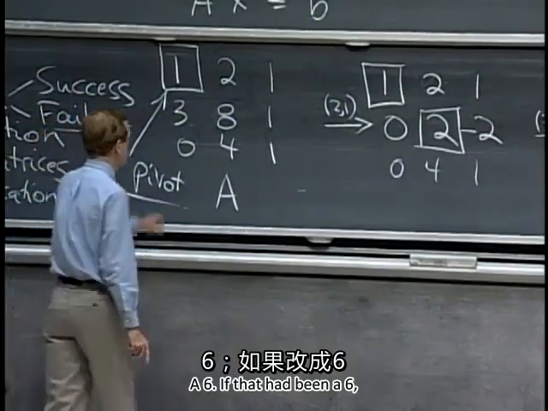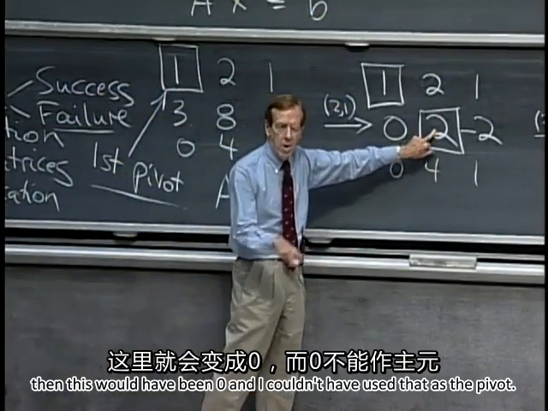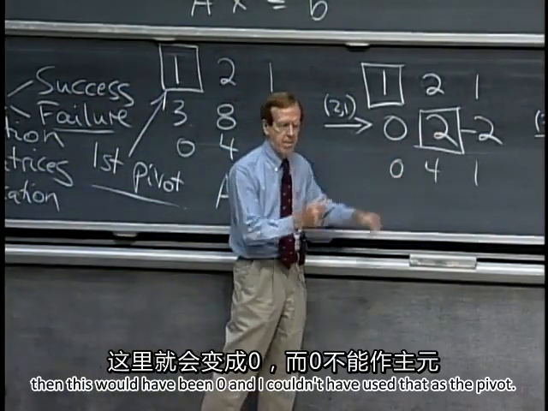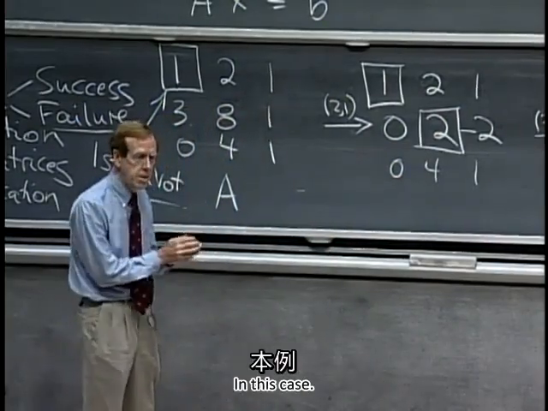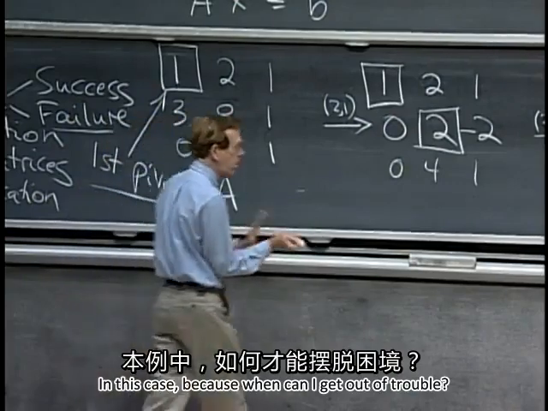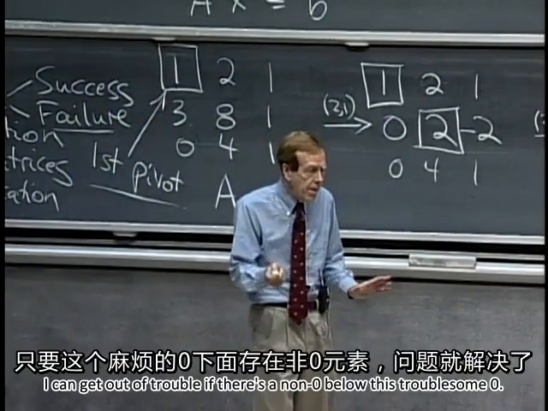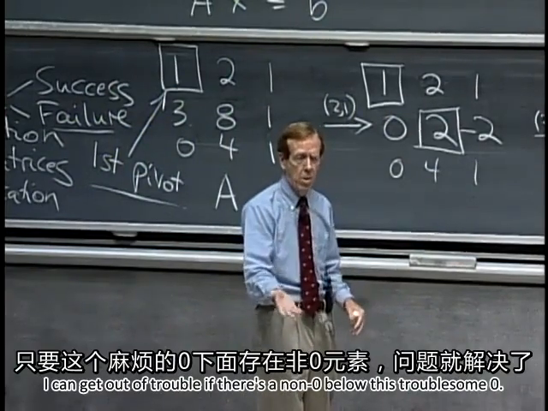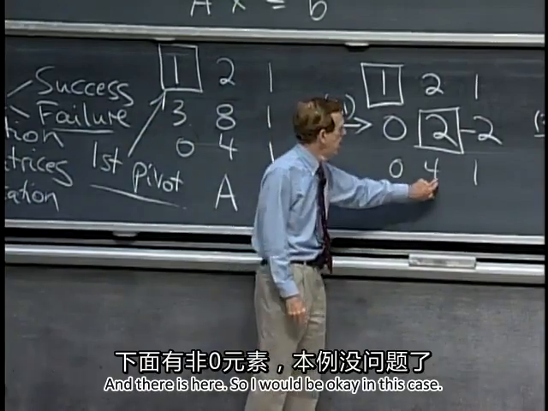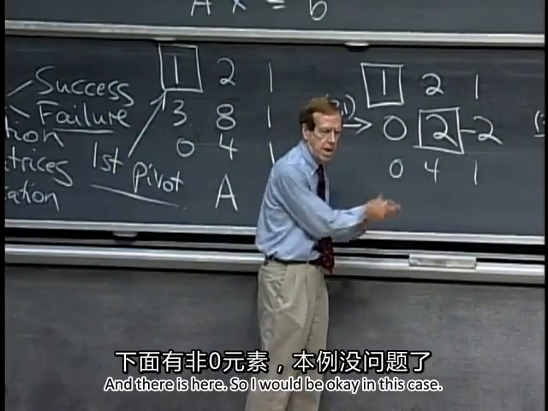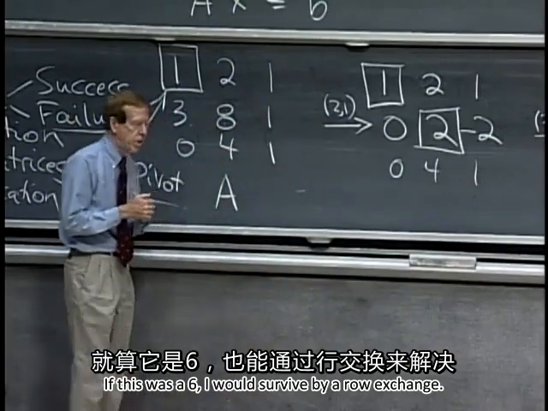If that had been a 6, then this would have been 0, and I couldn't have used that as the pivot, but I could have exchanged again. When can I get out of trouble? I can get out of trouble if there's a non-zero below this troublesome 0. And there is here, so I would be okay in this case. If this was a 6, I would survive by a row exchange.